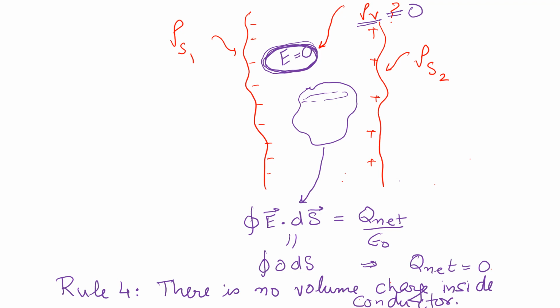Because Gauss law we have already concluded is universally true, Gauss law has to be obeyed. Electric field inside the conductor is zero. That guarantees me that the charge in the volume of the conductor has to be zero too. All the charge which would be induced would be induced only on the surfaces.